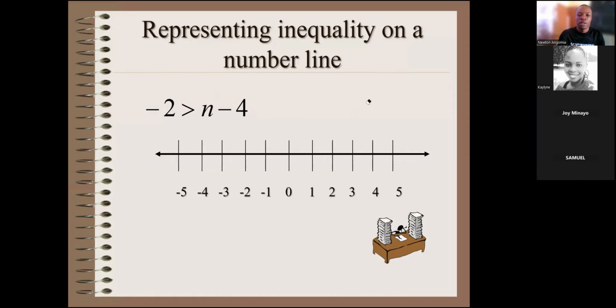So we are going to have our point at this particular level. And because 2 is greater than n, the accepted values of n will be on this other side. So n is less than 2, okay? n is going to be less than 2.